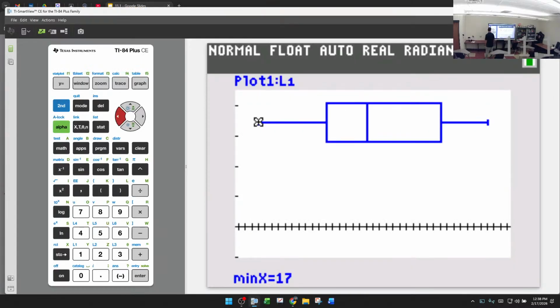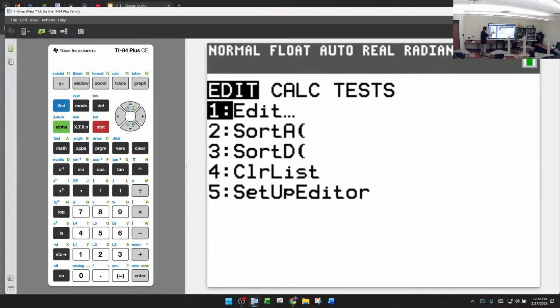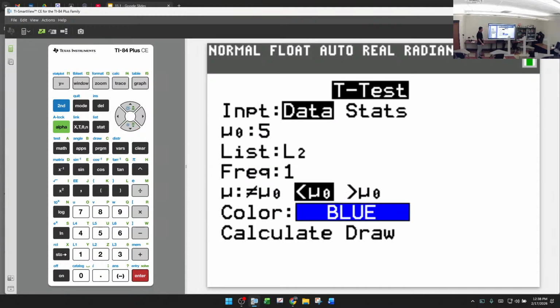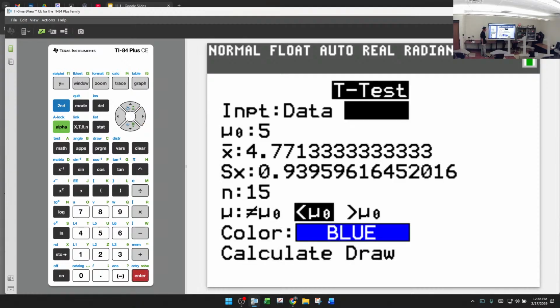Calculator, stat, test, and it's the second one, T test. Not 2, it's not a z, it's just a t test. And we either have the data or we have the stats. Now we have the stats for this particular question.